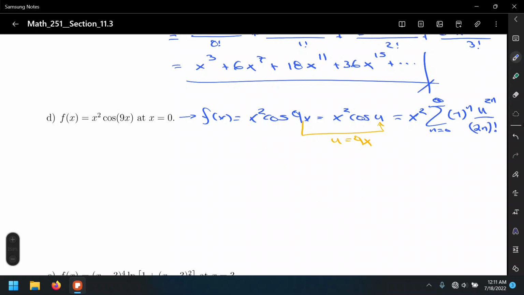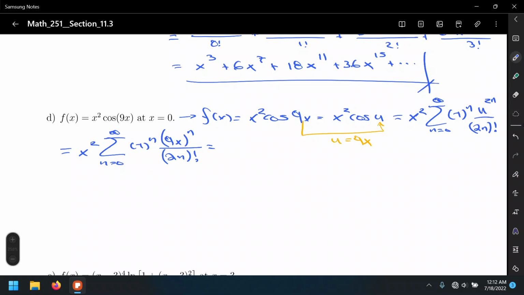And let's just go back and substitute for this. That's x squared sigma n equals 0 to infinity, negative 1 to the n, u, which is 9x to the n power, over 2n factorial. All right, and so this will be x squared.